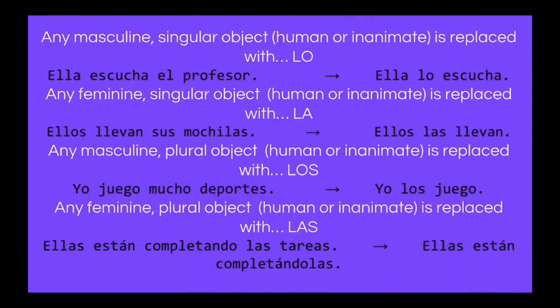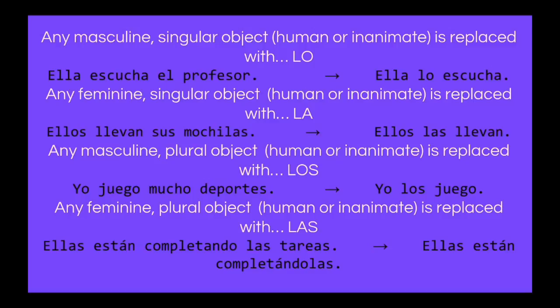Ok, por fin la última cosa. Reemplazar los objetos directos con pronombres de objetos directos. This is actually very similar to the subject pronouns in Spanish. Any masculine singular object, whether human or inanimate, is replaced with lo, just like él.